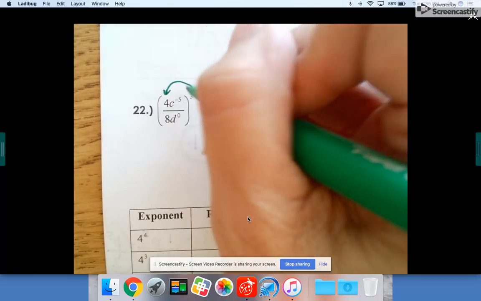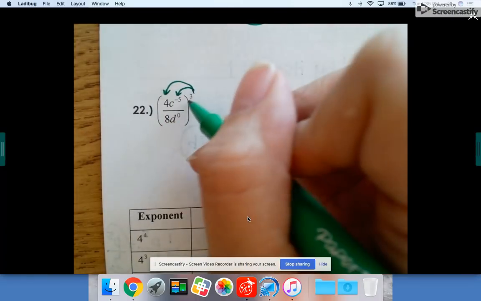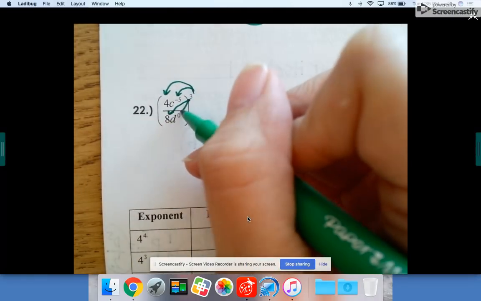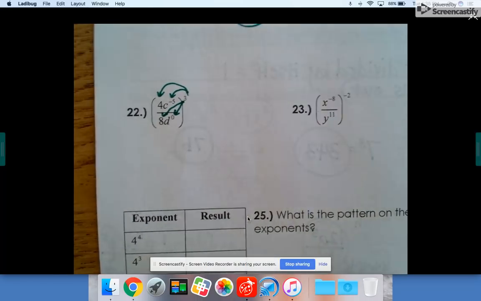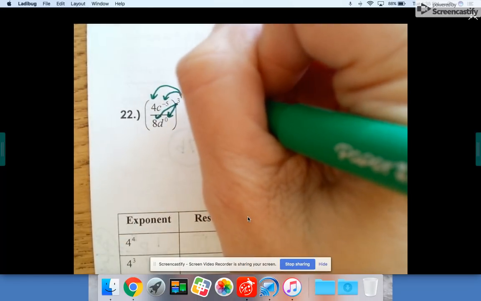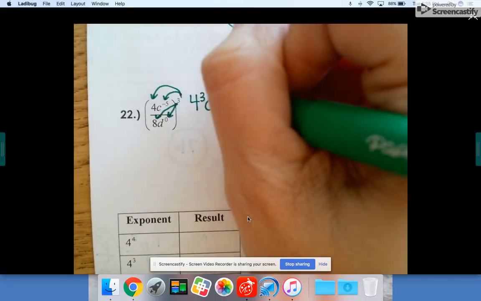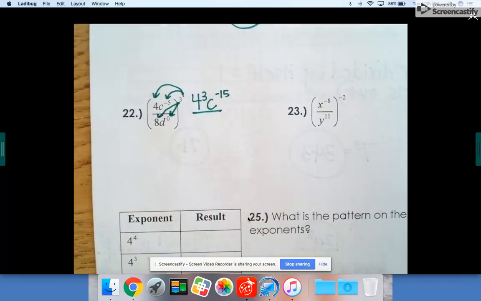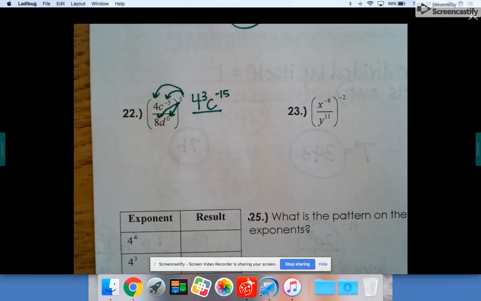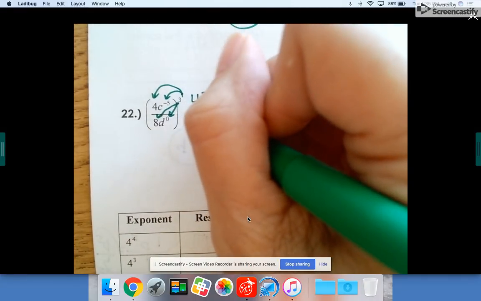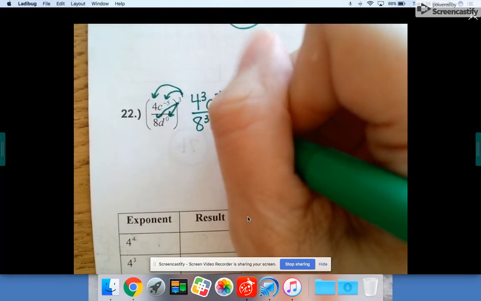3 goes to the 4, goes to the c to the negative 5, goes to the 8, goes to the d to the 0. So we first have 4 to the 3rd, c to the negative 15th, excuse me, over 8 to the 3rd, d to the anything times 0 is 0.